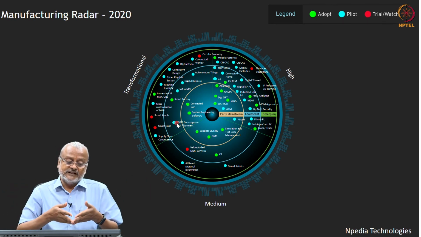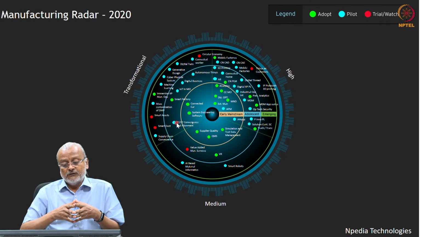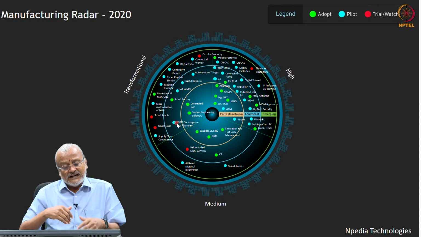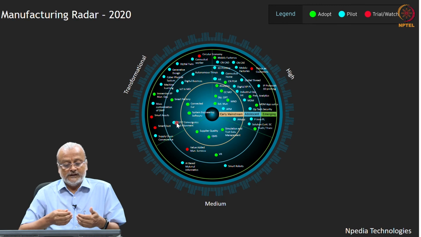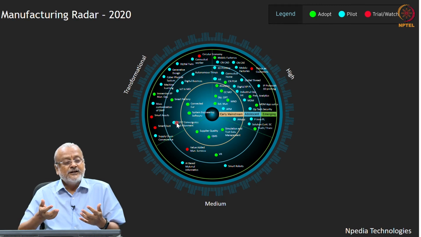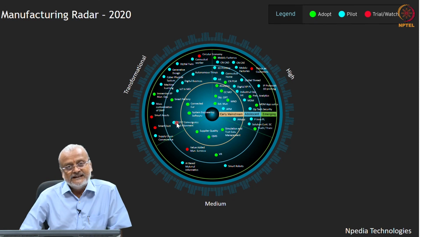We looked at the manufacturing radar to understand the technologies that are impacting this area. In the next half hour session I want to look into a representative sample of each of the technology sectors, transformational, high and medium, go a little bit deeper and understand, if you need to adopt one or more technologies, what is going to be our journey map. That we will see in the next half hour session.